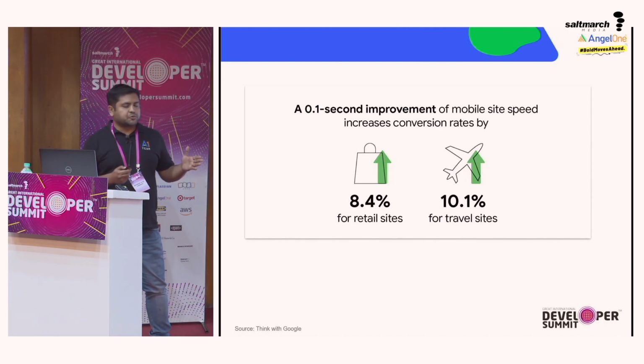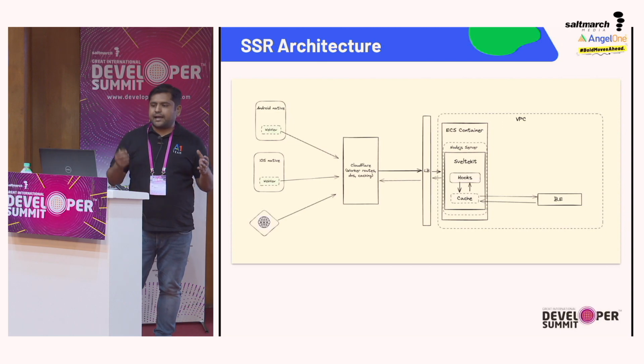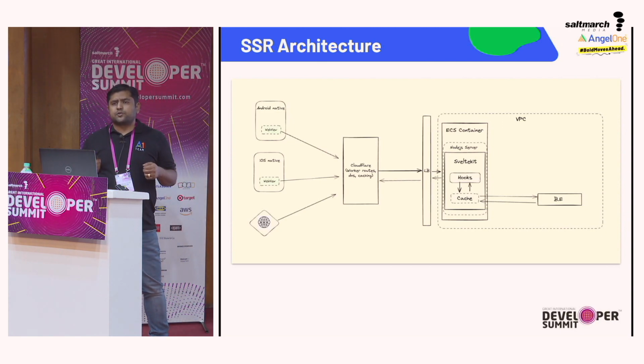Before that, let me take you through the UI architecture we are following at Angel One. At Angel One, we have selected SvelteKit and Tailwind as our primary tech stack. In the interest of time, I won't go into detail on why we selected this, but performance was one of the reasons.